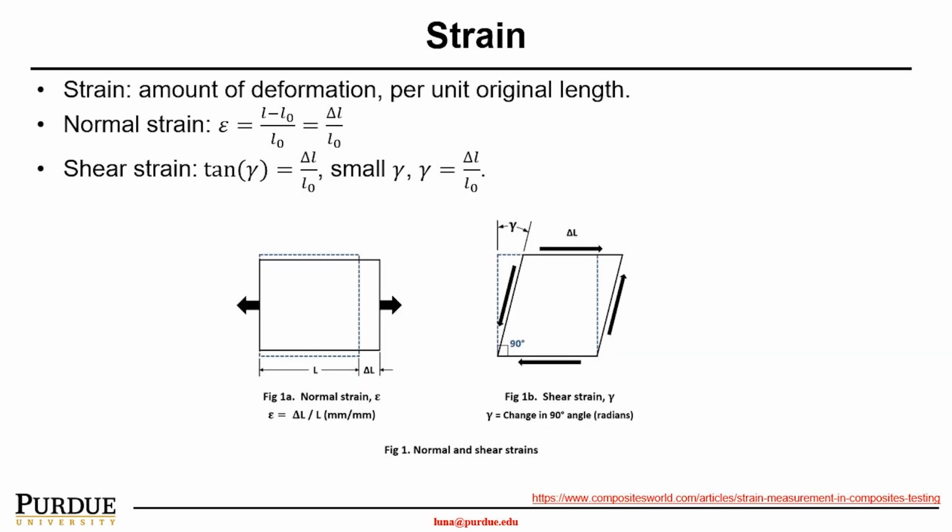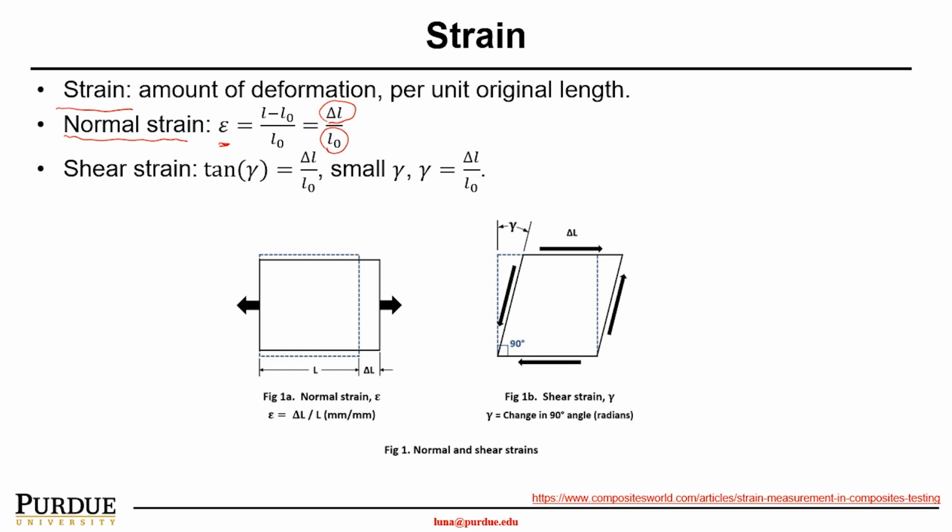As we apply the stress, the material will deform. The amount of deformation per unit original length is quantified as strain. For normal stress, we will induce normal strain. The normal strain is described by the Greek letter epsilon. Epsilon equals the total length after deformation minus the original length, equal to delta L divided by the original length.